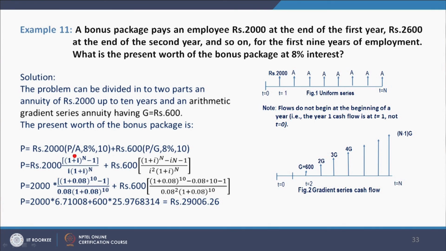The P/A factor is (1 + i) to the power n minus 1, divided by i into (1 + i) to the power n. This is the present worth of an annuity of 2000 rupees per year up to n periods, and this is the present worth of the arithmetic gradient series. When we solve this problem, we get P equal to rupees 29,006.26. Thank you.